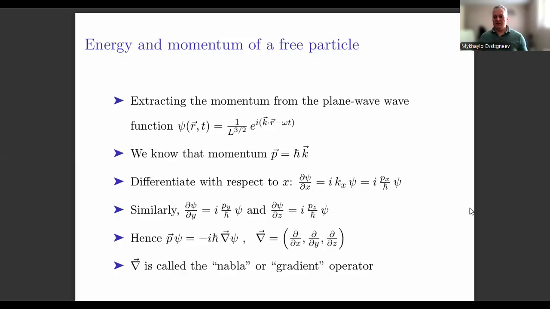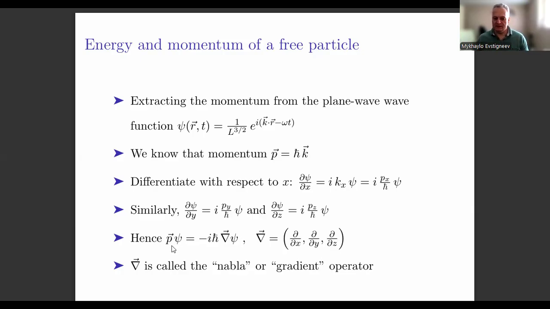So just like we can combine the 3 components of the momentum vector px, py, pz into a single vector p, we also can combine the 3 partial derivatives with respect to x, y, and z into a single vector called nabla or gradient. It is a vector operator whose 3 components are partial derivatives with respect to x, y, and z.